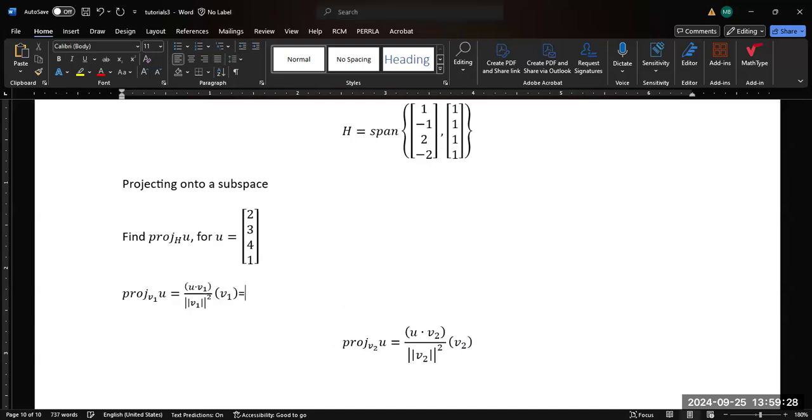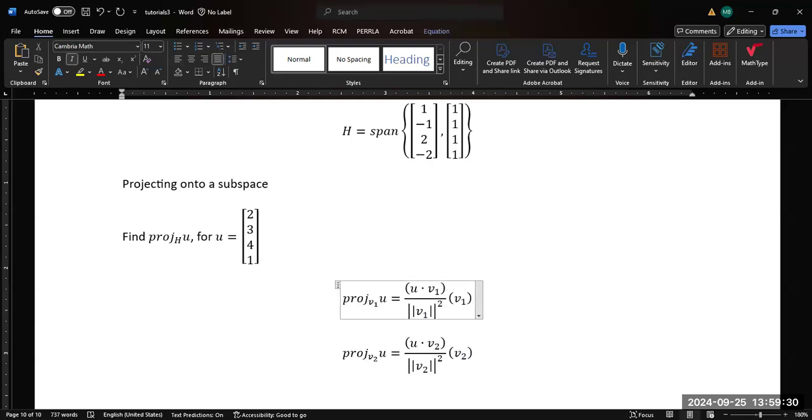So let's see what happens here when we actually do this. If I dot V1 with U, I'm going to get 2, -3, 8, and -2, divided by, I'm going to look at my V1 and square all the components, and I'm not going to take the square root.